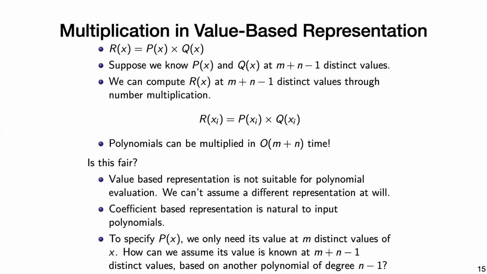So is the issue clear? If you have only value representation for p and q, it's not immediate how to get the full number of points that you need to get r. So you have fewer points. How can you get the values at this many distinct points without the coefficient representation?